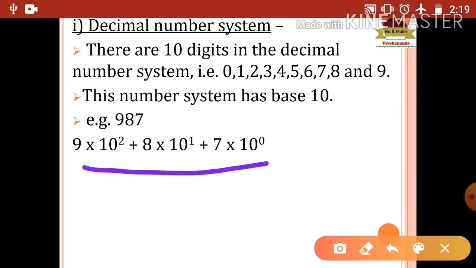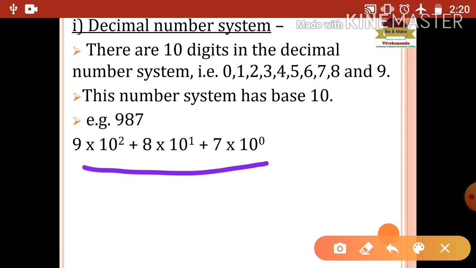Now you might be a little confused about what I have written here: 10 raised to 0, 10 raised to 1, 10 raised to 2. As you know, the number 987 has 3 digits inside it. The unit place has the value 7, the tens place has the value 8, and the hundreds place has the value 9.